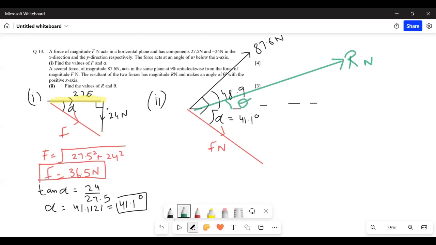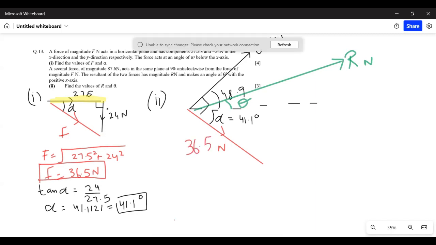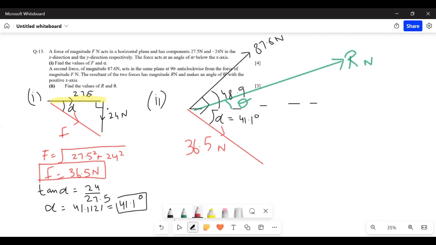Okay. So find the value of R and find the value of theta. अच्छा, F Newton हमें already पता है, it's 36.5 newtons. R is the resultant of these two forces, the red force and the black force.